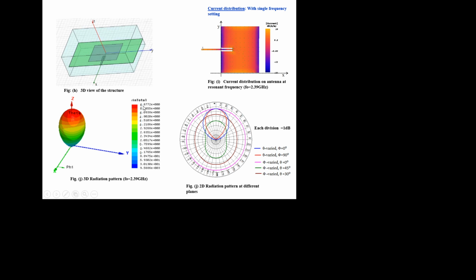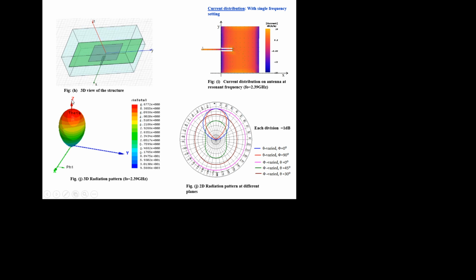So this is E total 6.67 along the z axis. Okay, along the z axis, the antenna center is along the z axis. See, as you can see here, this is the z axis, so along that center, from the center it radiates maximum.